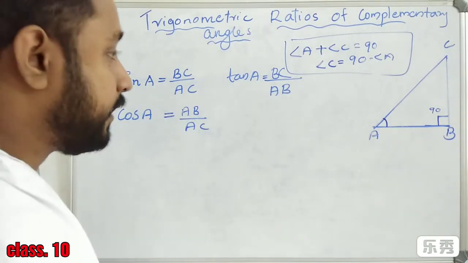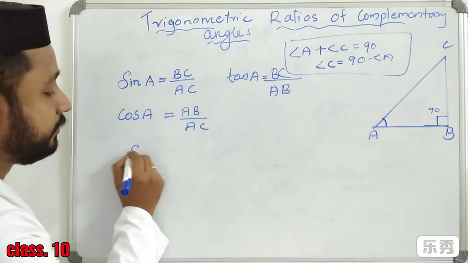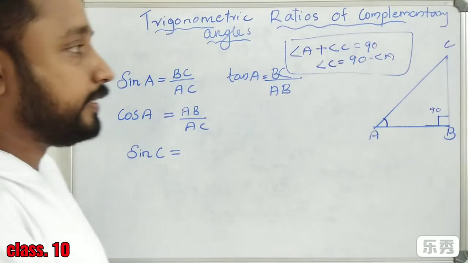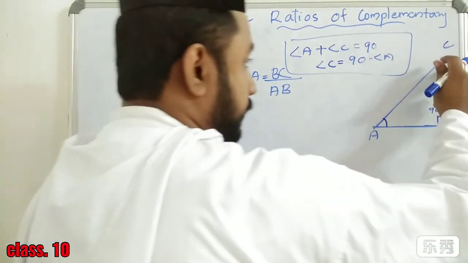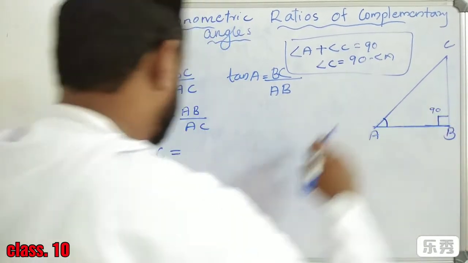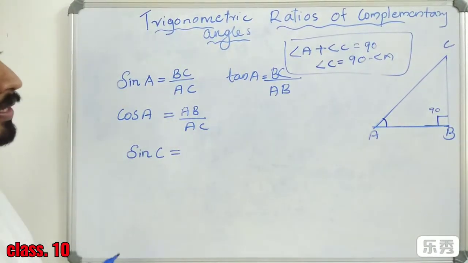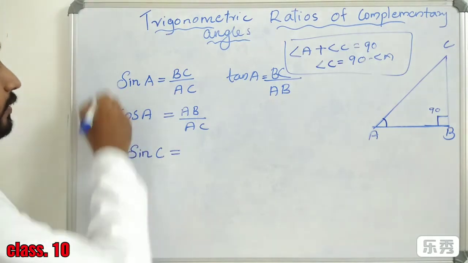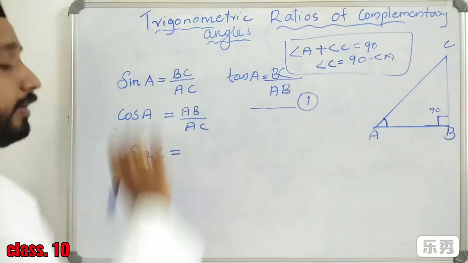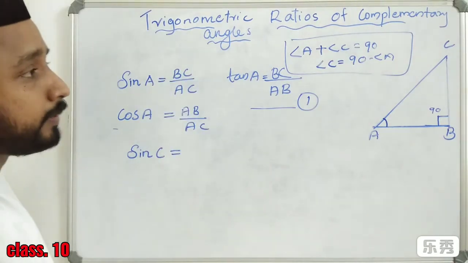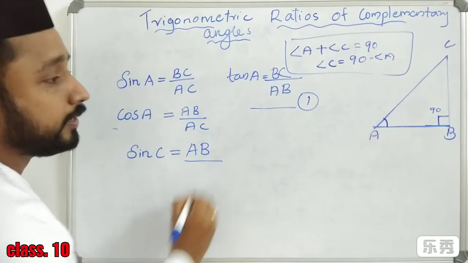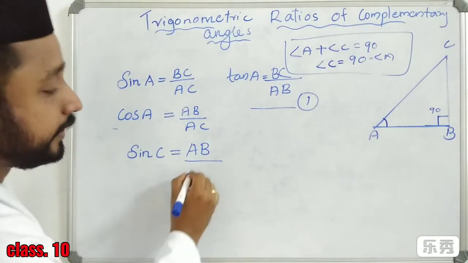Now I am going to consider sin C. What about sin C? For angle C, the opposite side is AB and the hypotenuse is AC.